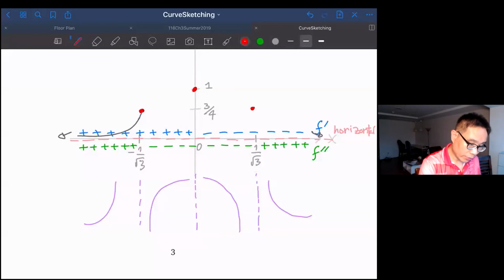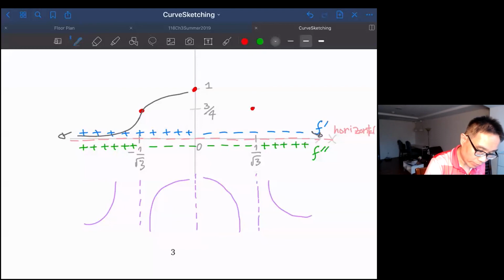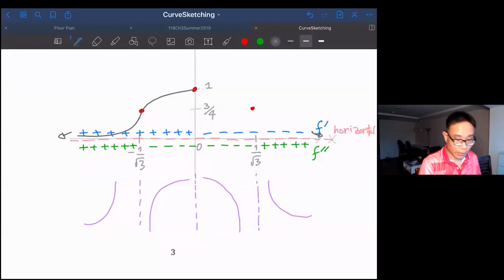So in this case, you're going to connect these 2 points with this curve. Okay, and you're going to have to draw another one like this.